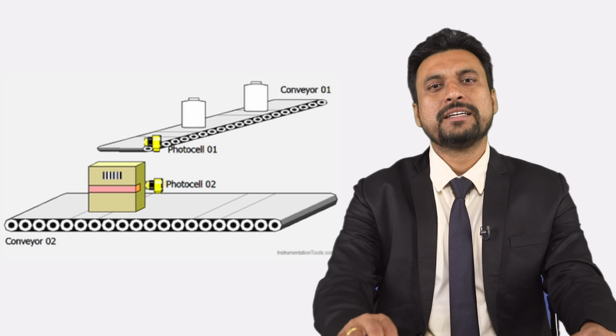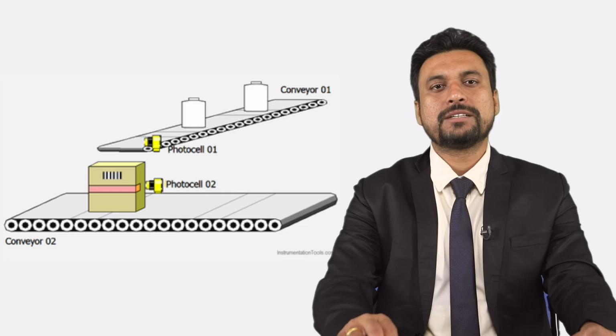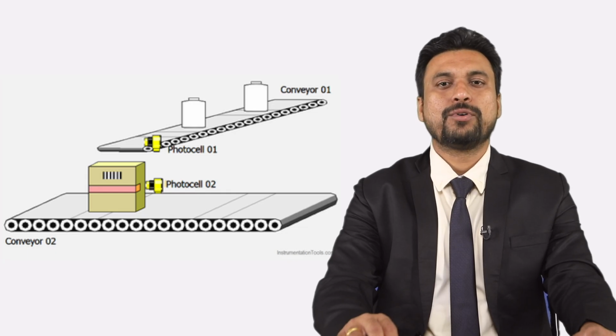Or you can say that in the case of the up counter we set the preset value, and in the case of the down counter we set the accumulator value for smooth counter operations.